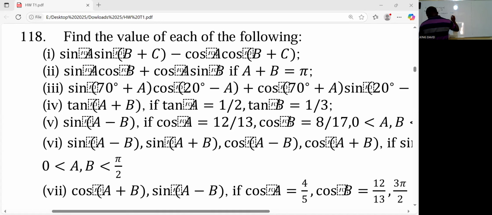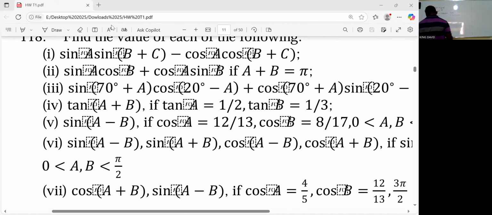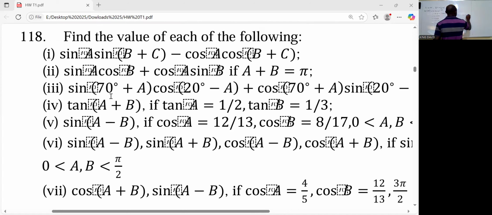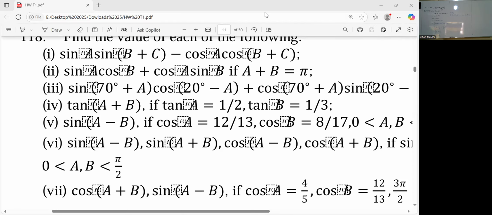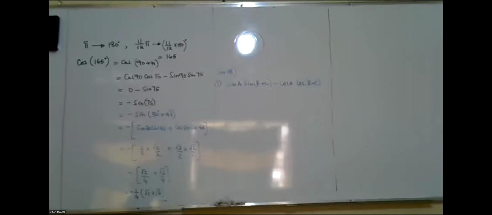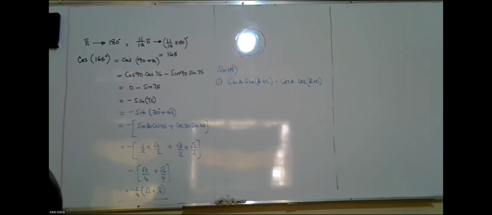So question 118, you could do the first one. They're saying find the value of each of the following: sin A sin of B plus C, minus cos A cos of B plus C. According to our compound angles, do we have an expansion that states sin minus cos?